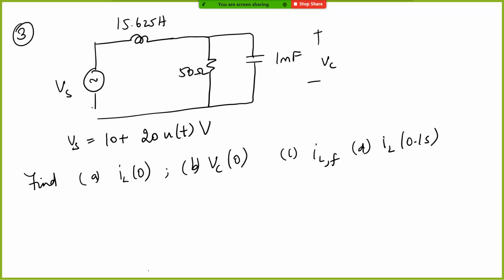How is it parallel RLC? I didn't understand. You can see that RC is definitely in parallel, right? Yes. And here it's only the voltage source which is there. So the forced response, this is just going to be at 30 volt.